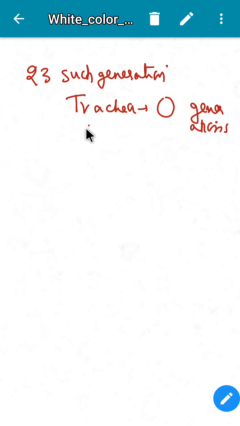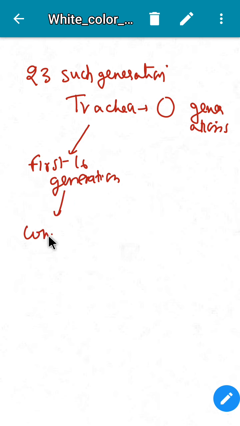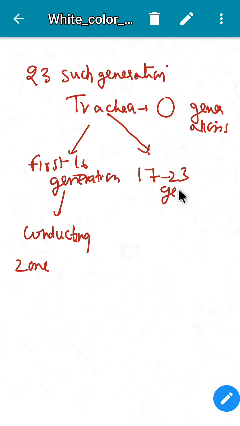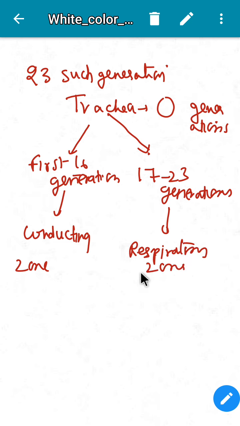The first 16 generations are called the conducting zone, and the remaining 7 generations, that is from 17 to 23, are called the respiratory zone.